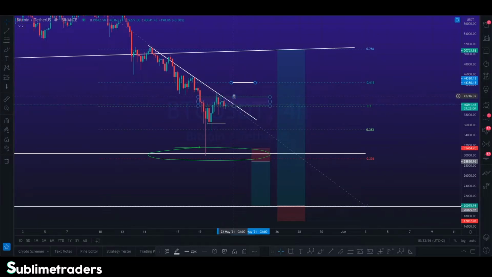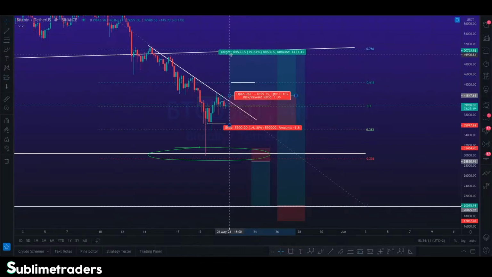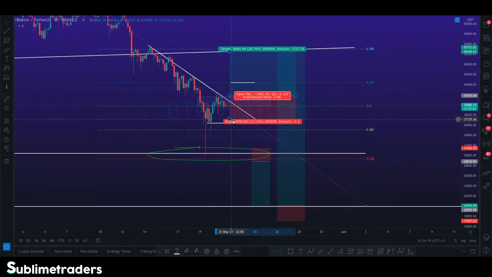In my opinion, this possibility is really low, and even if it happens, the trade isn't great, because if we plot a trade right here, let's say we will target the neckline, our first take profit will be so close and our stop loss would be pretty far.